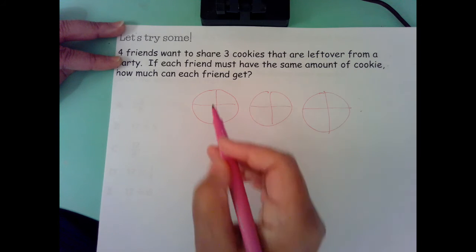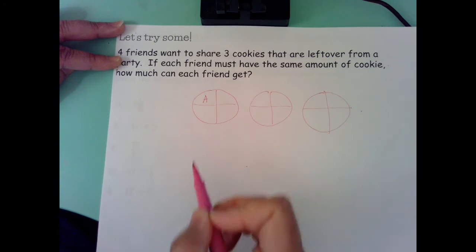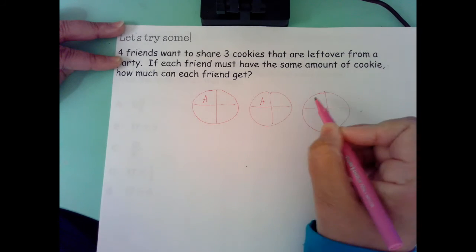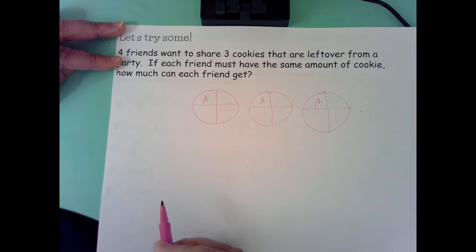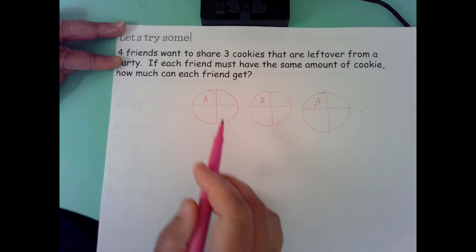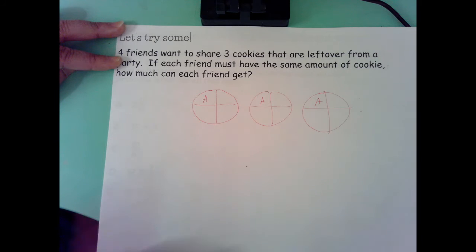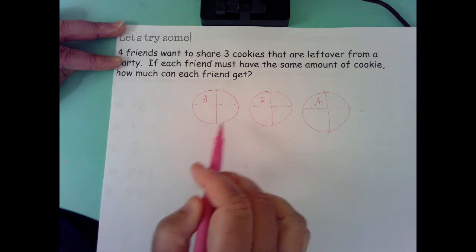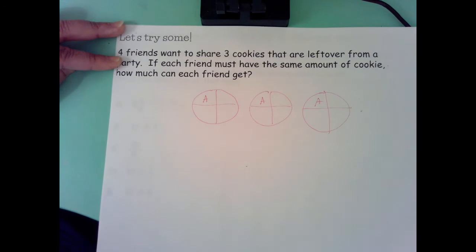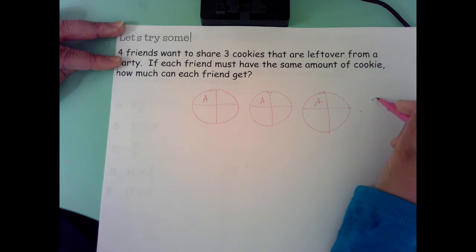So if you're friend A, you're going to get that part, and that part. So how many parts are you getting? You're getting 3 parts, and that's 3 parts out of how many are in the whole? That's 4.